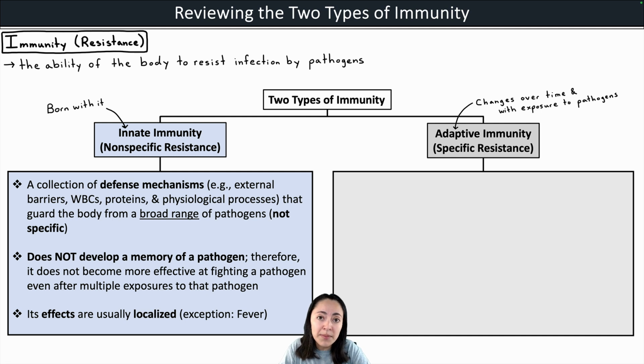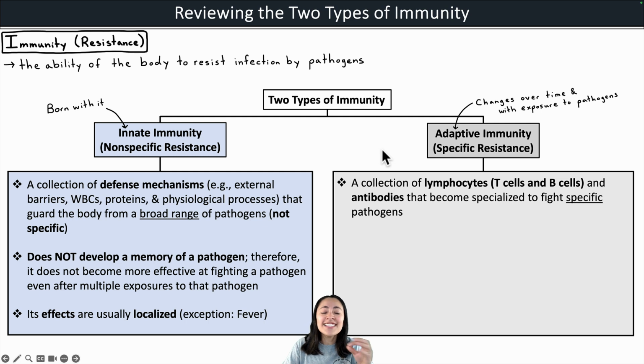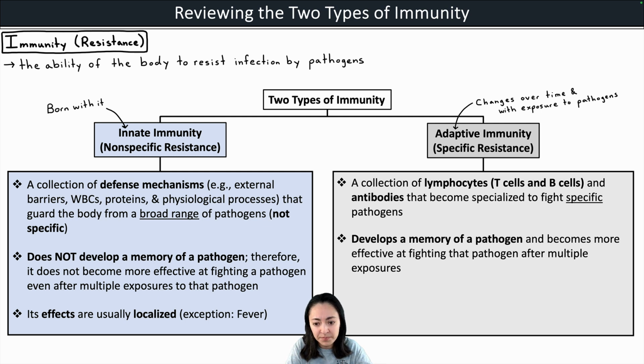Now, when we look at adaptive immunity, or in other words, our specific resistance, this is a collection of lymphocytes, T cells and B cells, as well as antibodies, which are produced by B cells, that become specialized to fight specific pathogens. This is why this is known as our specific resistance. This is also known as our adaptive immune response because it develops a memory of a pathogen and becomes more effective at fighting that pathogen after multiple exposures.